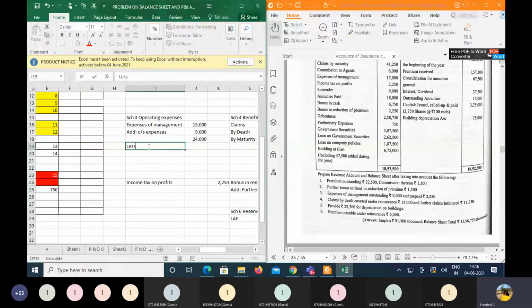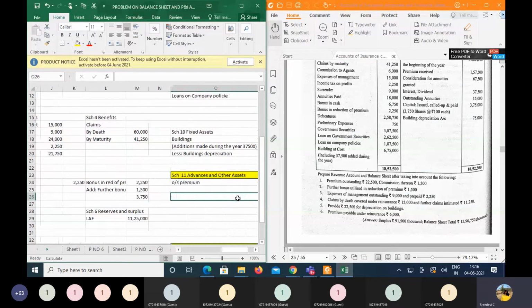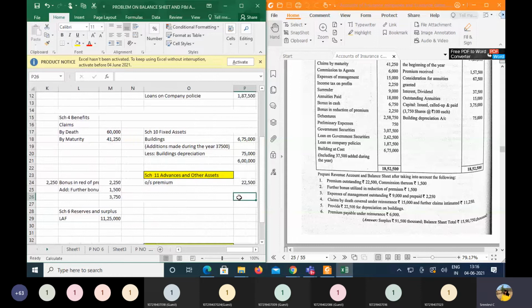So put it as less prepaid, and here the amount of the prepaid expenses is 2,250. Okay, so once you minus this, the balance here is going to be 21,750, right?